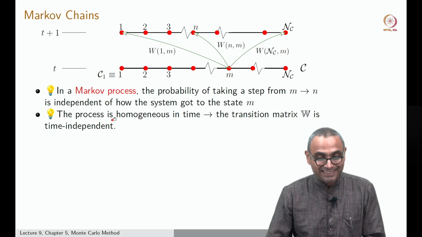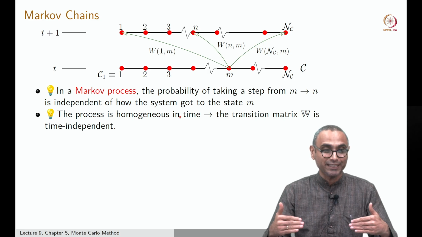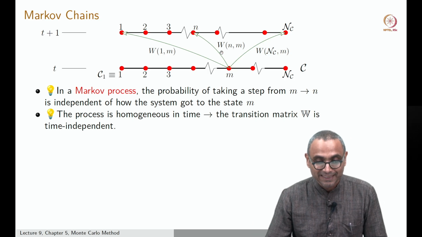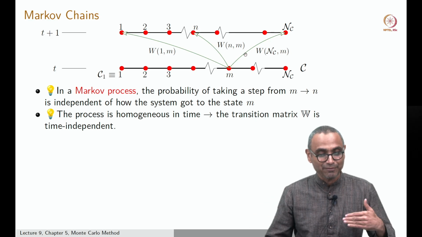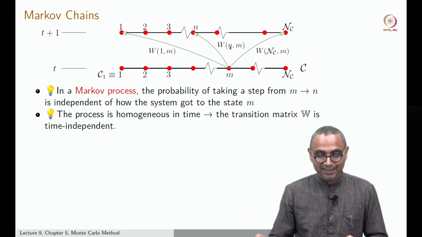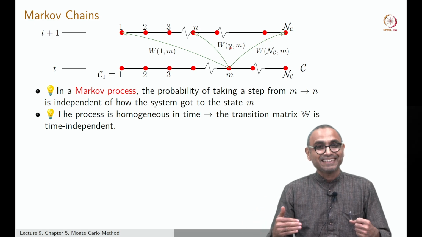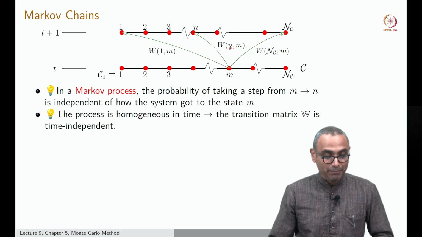This process is in a sense homogeneous in time. What I mean by that is that this WNM does not depend on time. That is, for all times t, this WNM matrix is the same. Then you will see that this process will be a Markov process.